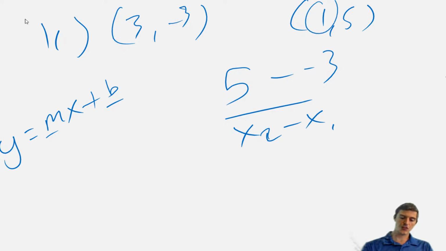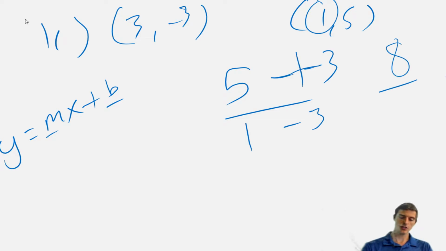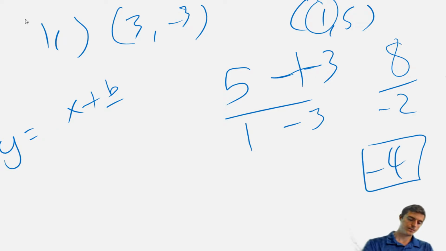My second x is 1. My first x is 3. So what do I have? I have 5 minus a -3, which is a +8, because subtracting a negative is the same thing as addition. And I have 1 minus 3 is -2. So my slope is -4.